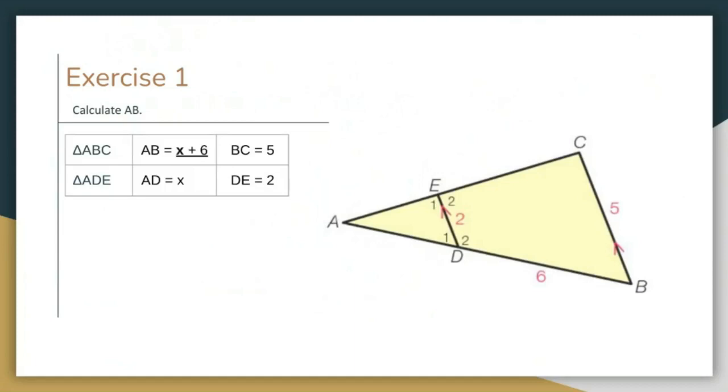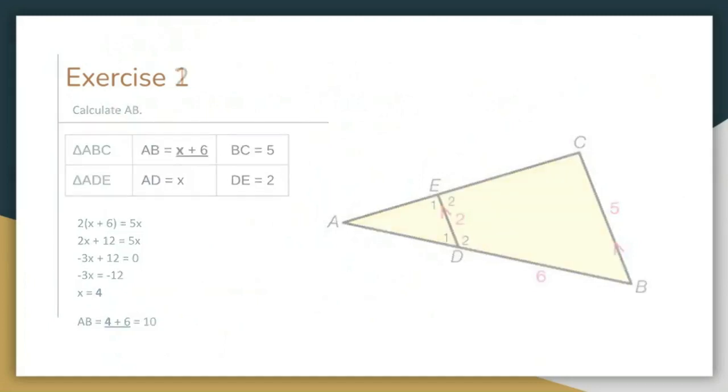Cross multiplying will give me this equation that I can solve using the balance method. I end up with x being equal to 4. But as I wanted to know the length of side AB, and I had set this to x plus 6, that means that AB is equal to 4 plus 6, which is 10.